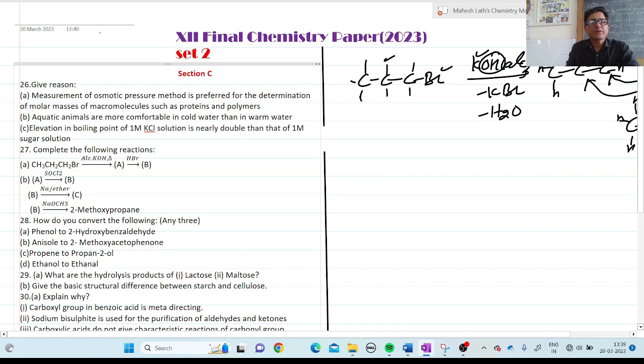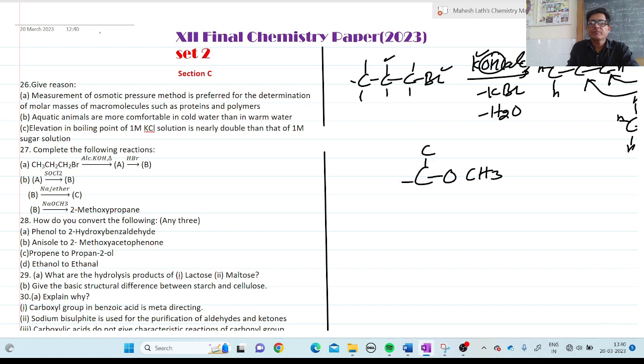B part: when A reacts with thionyl chloride it forms B. When B reacts with sodium in presence of ether, it forms C. When B reacts with sodium methoxide, it forms 2-methoxypropane. So 2-methoxypropane is like this. As the methoxy group is attached to the second carbon, any group which is replaced must be attached to the second carbon.